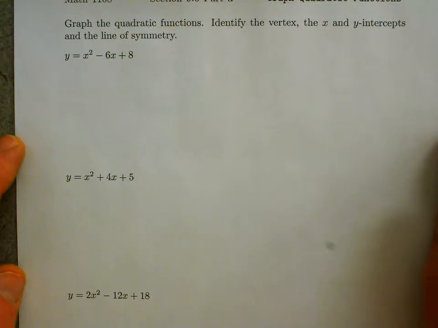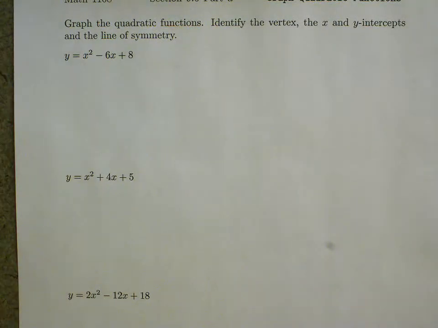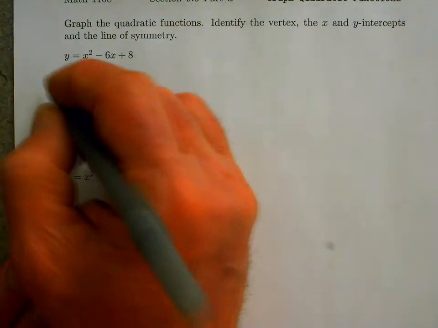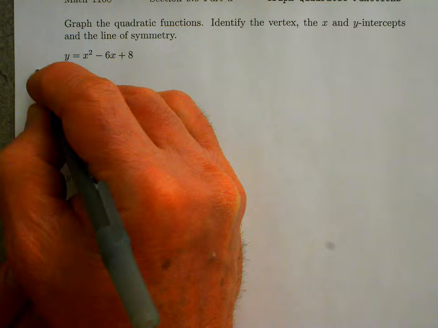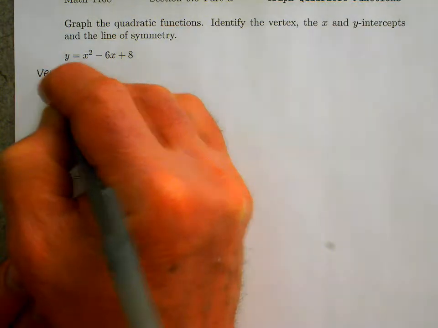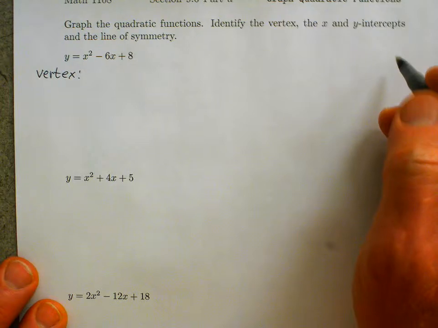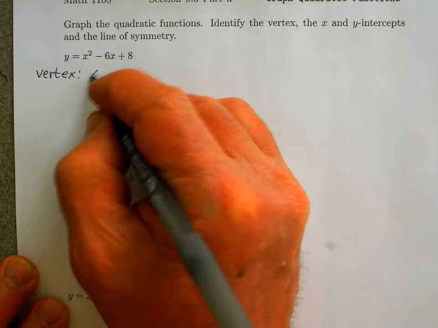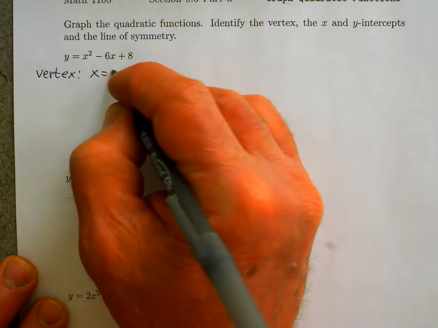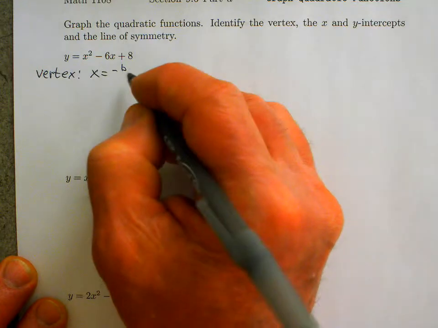Graph the quadratic functions. Identify the vertex, the X and Y intercepts, and the line of symmetry. So let's find the X coordinate of the vertex first. So the X coordinate is negative b over 2a.